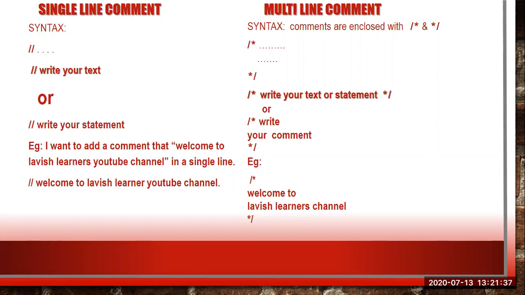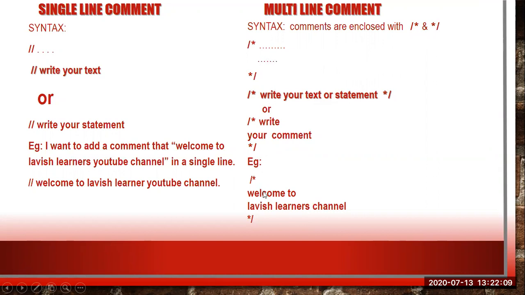If you want to write multiple lines, this is only a single line comment. For writing multiple lines of statements, you have the multi-line comment. The syntax is like this: forward slash star, and it is closed by star and forward slash. In between, you can write your text, your statement.